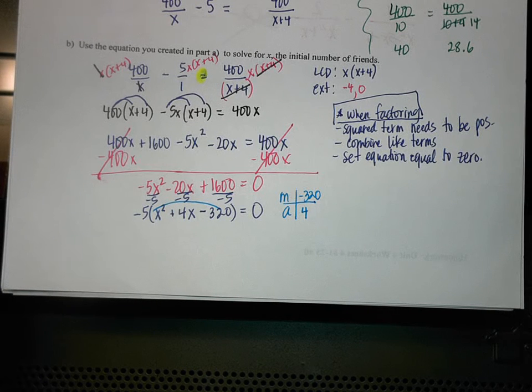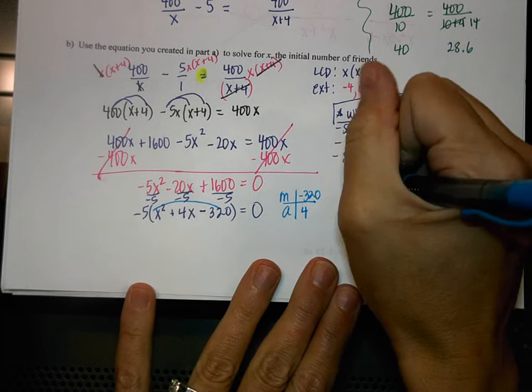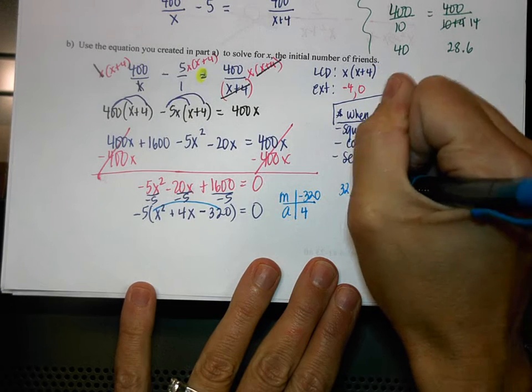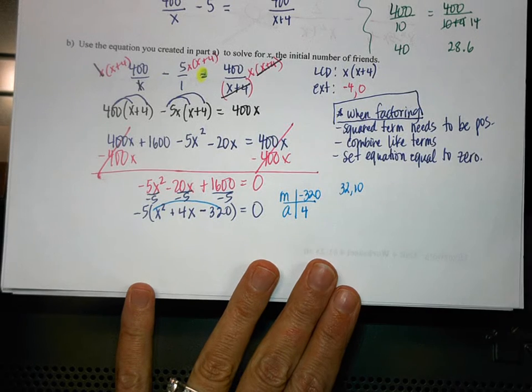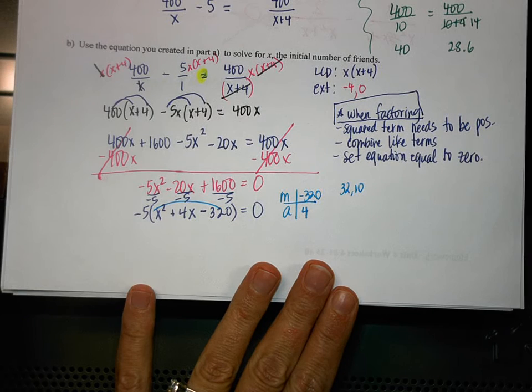It'll be okay. So we could always start with 1 and 320 and start going down, but we're going to need bigger numbers in order to subtract them to make a 4. Does that make sense? So if I have like 32 and 10, when I subtract that, it is 22.